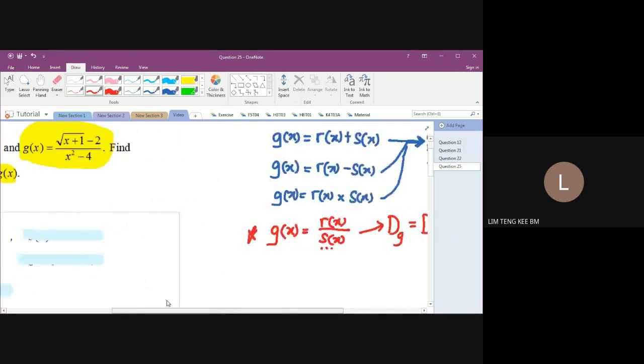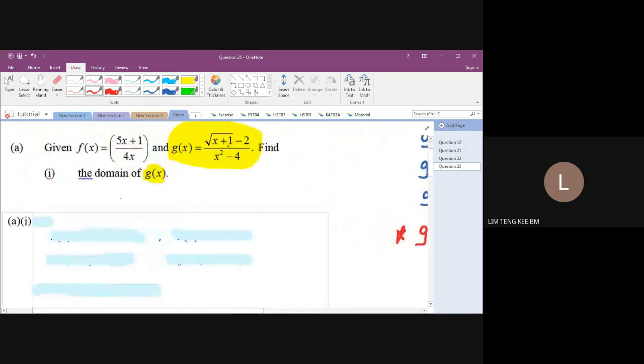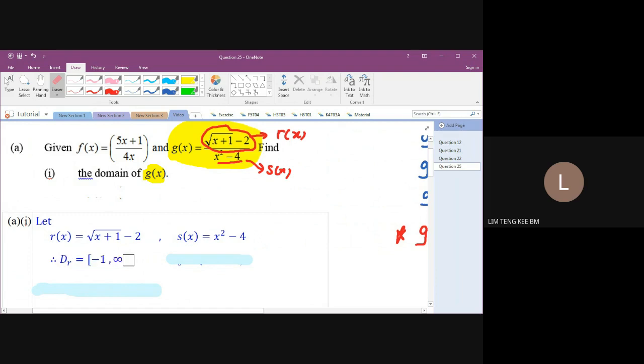Therefore, have a quick look. I will treat the function on top here as the function r(x), and the bottom quadratic will be s(x). So I let r(x) and s(x) be as follows. The domain for r will be -1 to infinity.